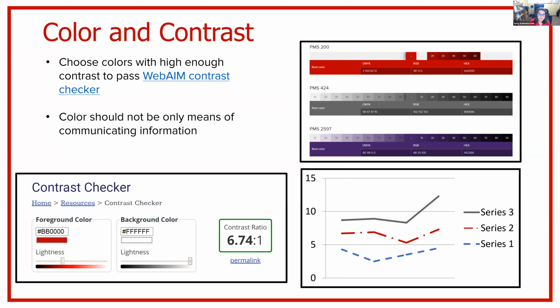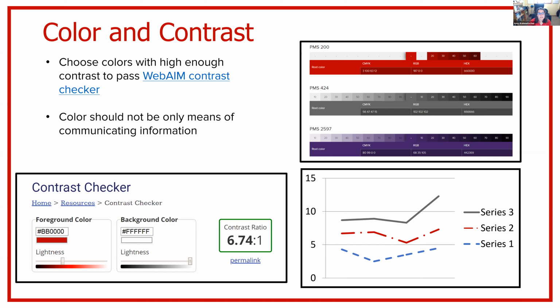So this website is super helpful. And even if someone isn't necessarily visually impaired, I've noticed a lot of people perceive color differently. So keeping your contrast pretty high is going to help everybody read your content more easily.